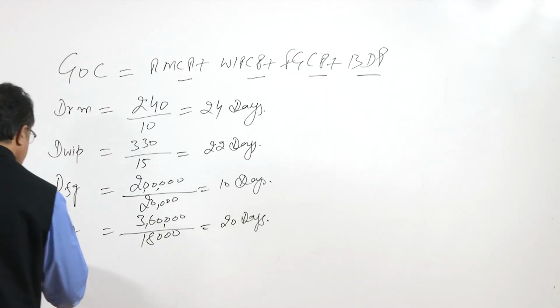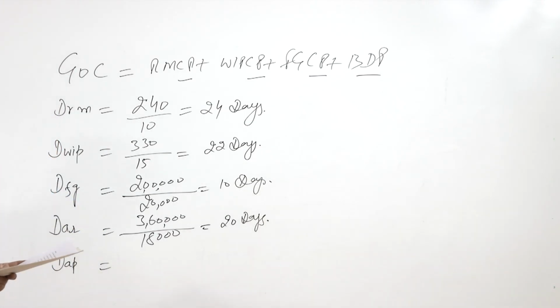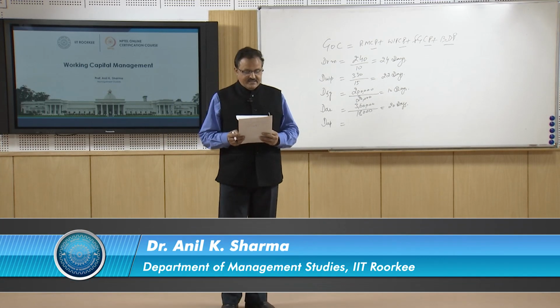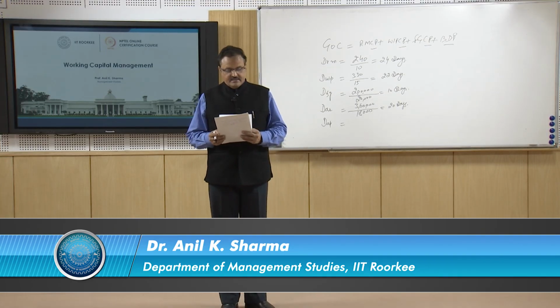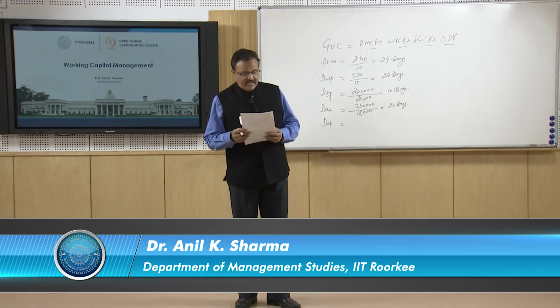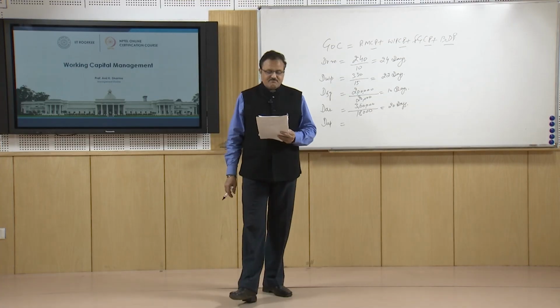Now we have to calculate the last, fifth duration, which is DAP, duration of accounts payable. What is the requirement? Not credit sales, but average sundry creditors divided by the average credit purchase per day.